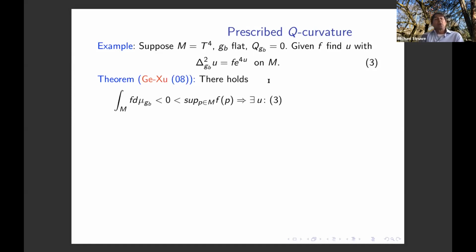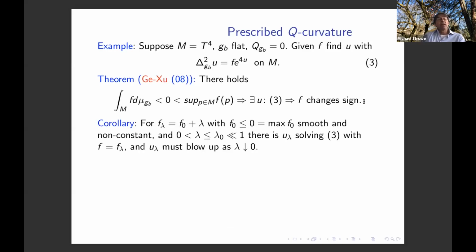The condition is no longer necessary, but you can only conclude from the existence of a solution that f must change sign. However, that's enough to play the same game as we played before in the 2-dimensional case. We can take any function f0, which is non-positive and has maximum 0, and add a positive number lambda to it to achieve the sufficient condition in the Ge-Hsu theorem.